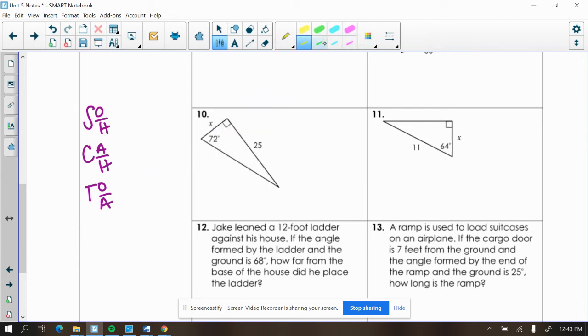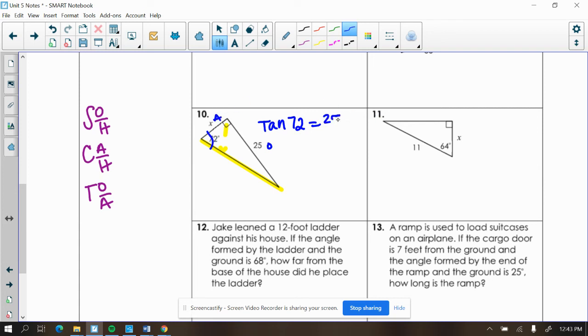So first thing, number 10, highlight our hypotenuse across from the right angle. So this one looks a little bit funny. Our hypotenuse is not there again. Remember, when there's no hypotenuse, we're using tangent. So tangent of our angle, 72, equals opposite over adjacent.